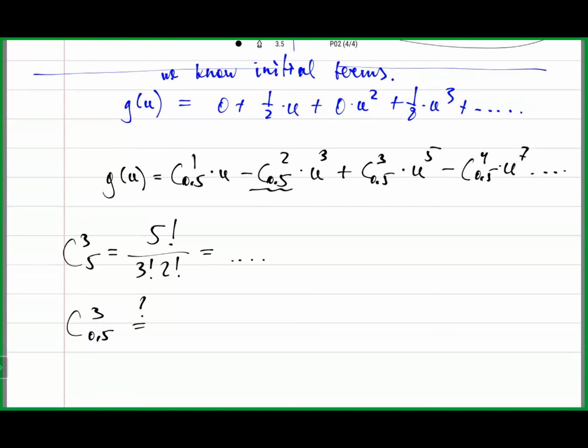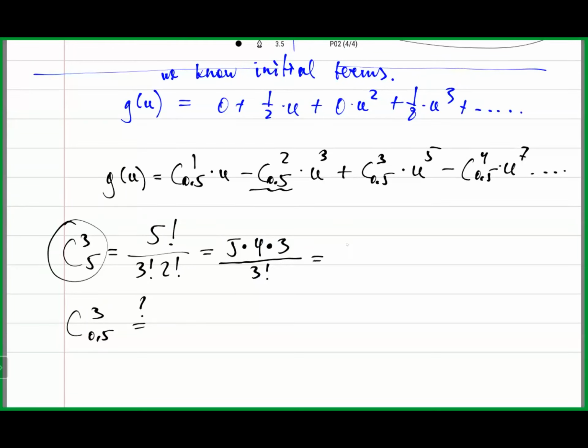Honestly speaking, the idea is exactly the same. So how this coefficient is written: it's 5 times 4 times 3 divided by 3 factorial.